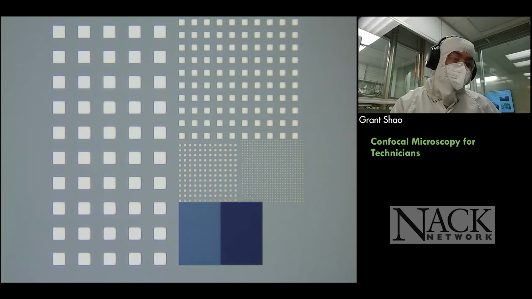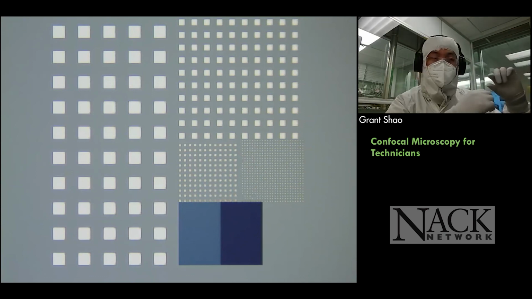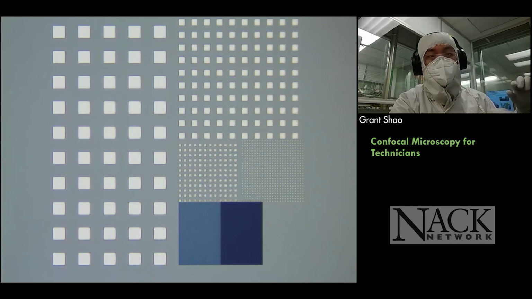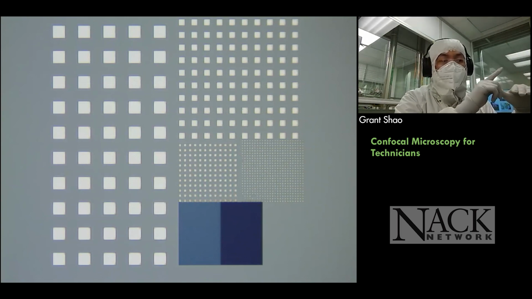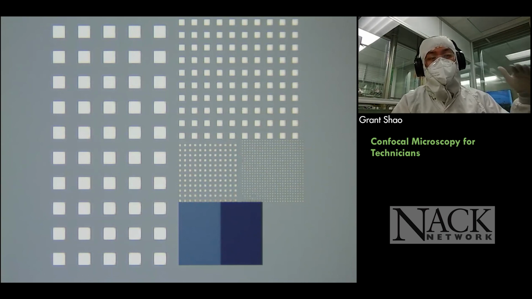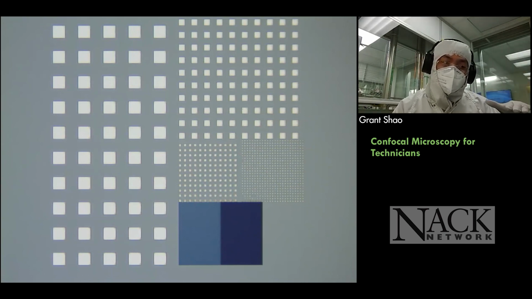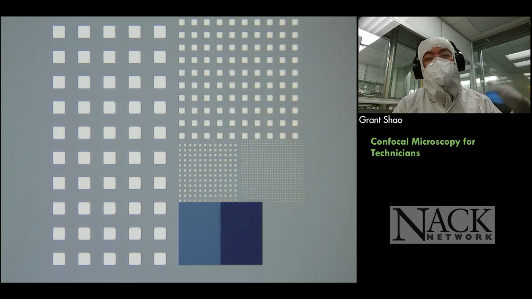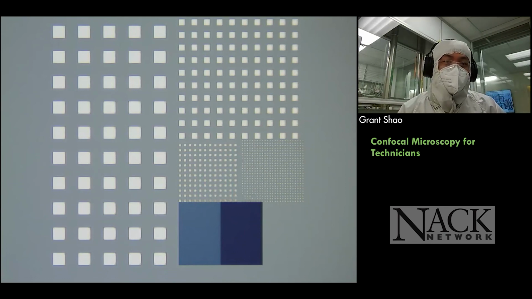If you have a thin film on top of your silicon wafer, for example, you can get a peak of laser intensity at the surface of your transparent film, as well as at the interface between the thin film and your silicon substrate. And so with that information, theoretically, you could get the thin film thickness.